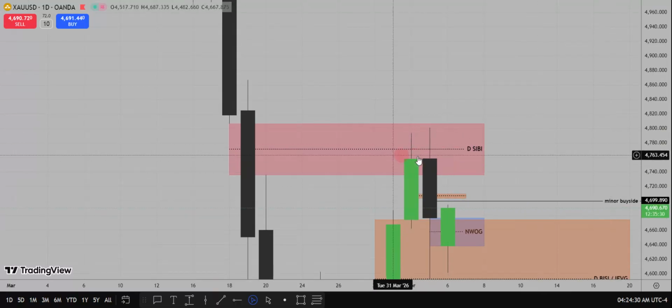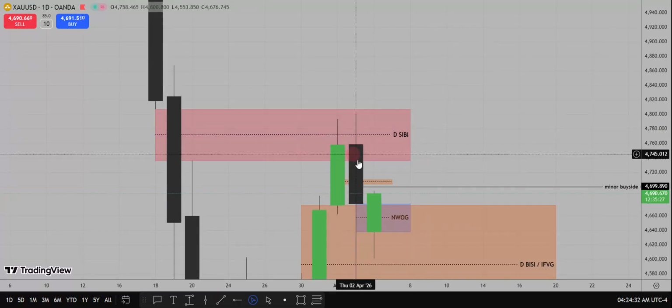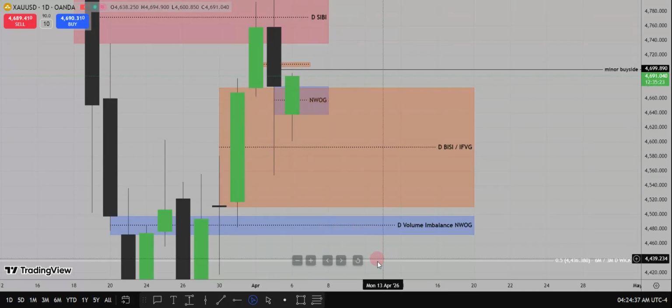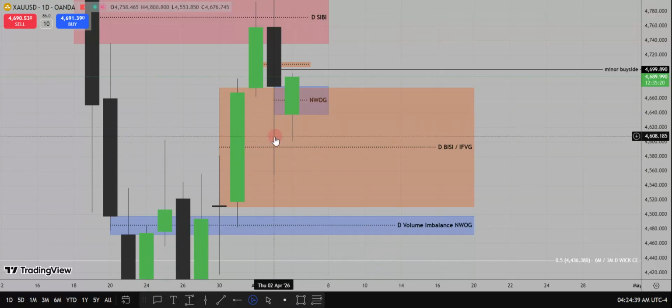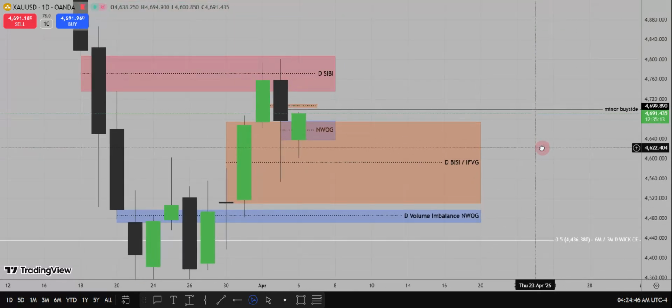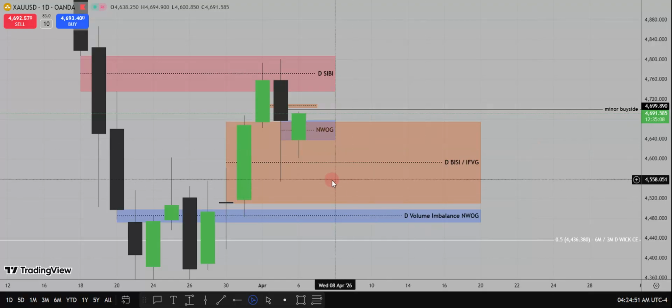I talked about this area here in my previous video. So you're gonna want to see how price will deliver. If I wanted to short with a demo account, bro, I would have waited for price to break below this consequent encroachment here. That's the midpoint of this buy side imbalance, sell side inefficiency.